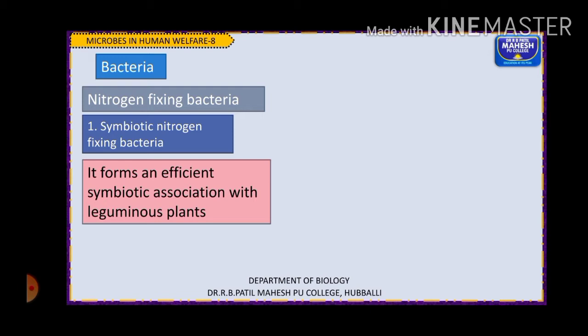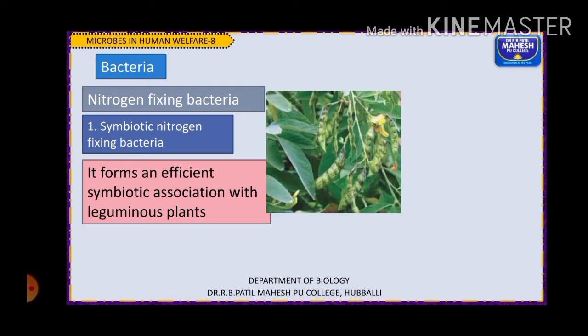Previously you have studied the root nodules which are formed in the leguminous plants, which help in nitrogen fixation, right? And you have also studied in detail how the root nodule formation takes place. These nitrogen fixing bacteria fix up to 100 to 150 kg of nitrogen per hectare of land.